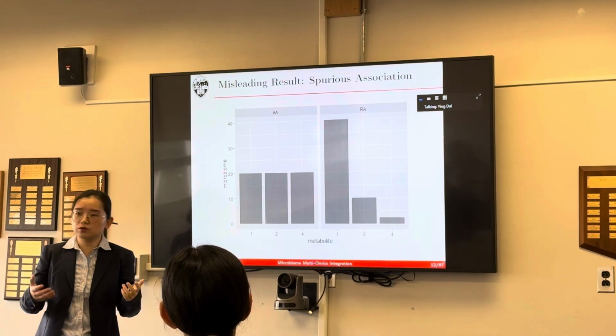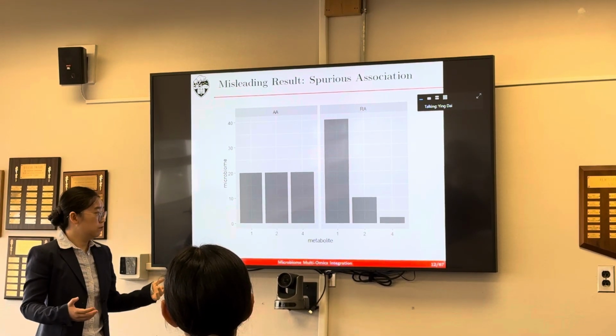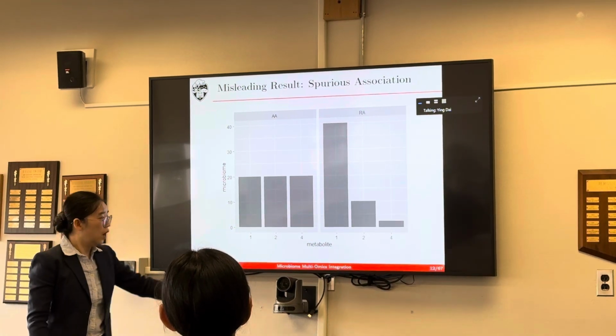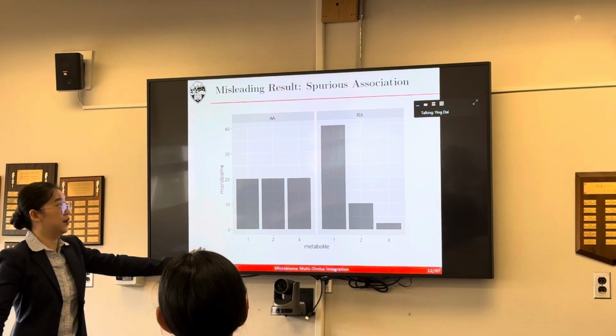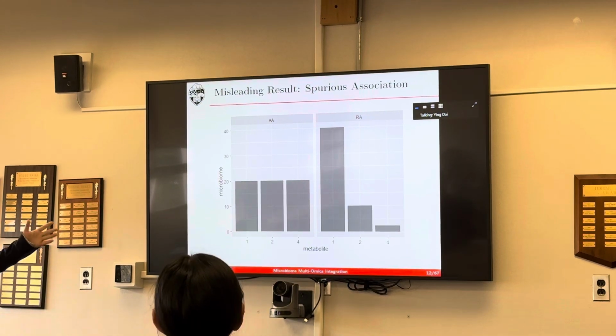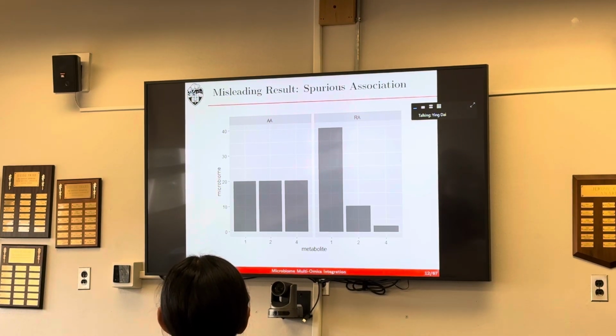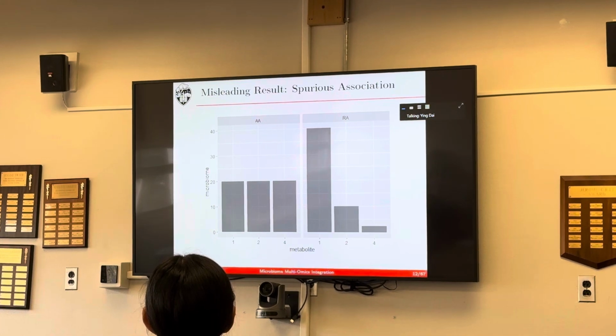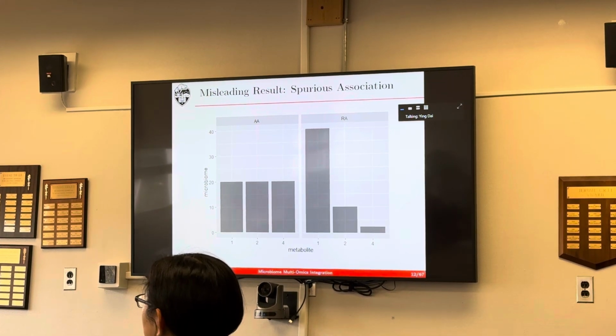So we would interpret this as there being no association between these two. However, if we use RA data, there's a strong negative association. So this is the second type of misleading result, and we summarize it as the spurious association.